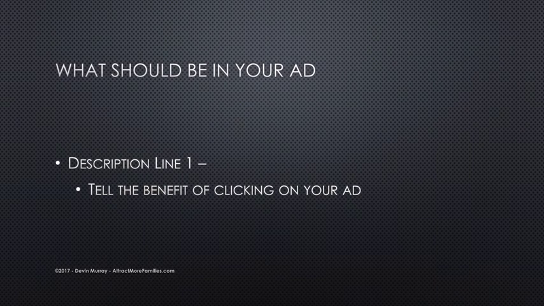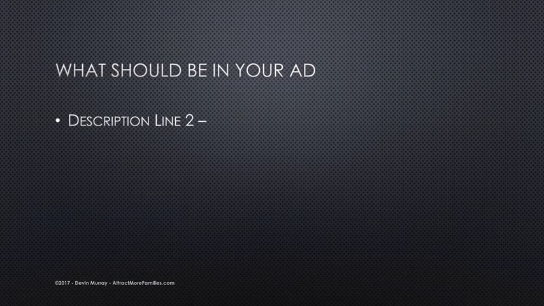Right? Great words: discover, secret, learn more. Very powerful, but that's the benefit of clicking on the ad, is they will discover the secrets to private elementary school. And don't make them guess as to what your benefit is going to be. Simply tell them, discover why private elementary schools are the best option for your child.